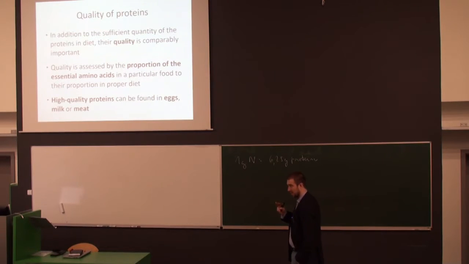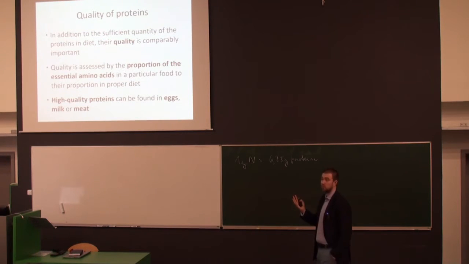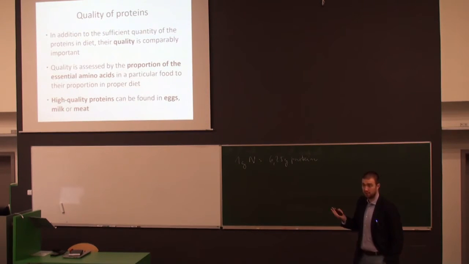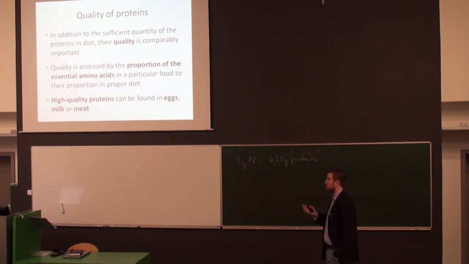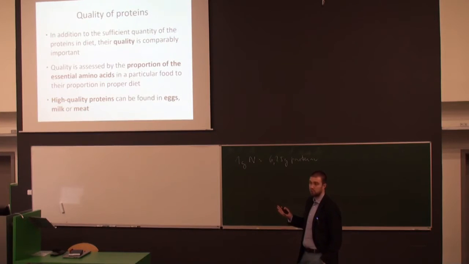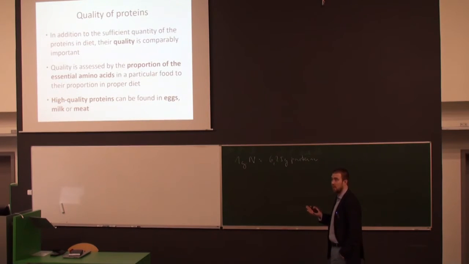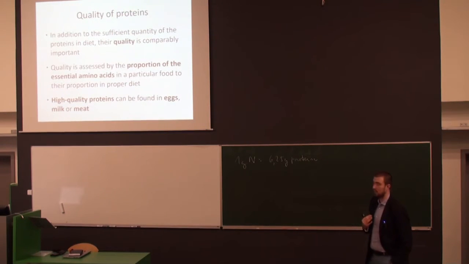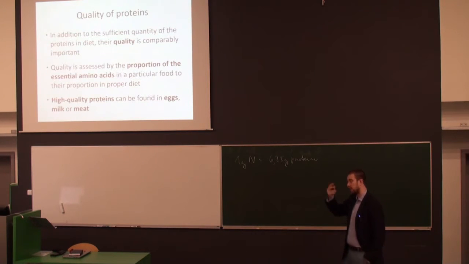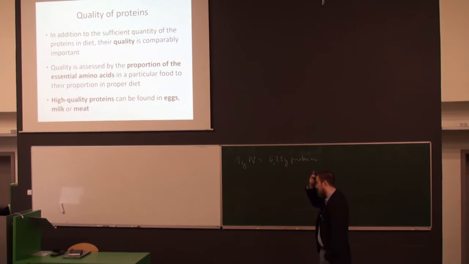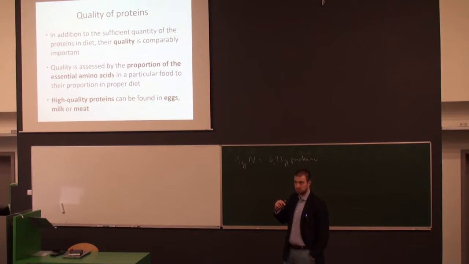So the quality means only how good is the composition from the perspective of the compounds that we cannot synthesize. The other compounds that we can synthesize, for example glutamate, are not so interesting for us, for we can produce it from alpha-ketoglutarate. But what limits us are essential amino acids, and from that perspective, we have some high-quality proteins.